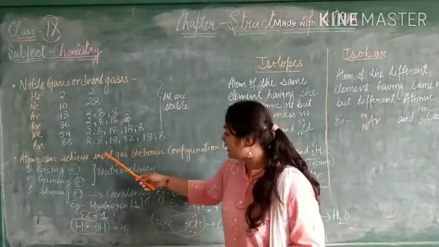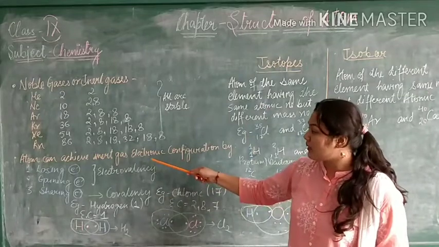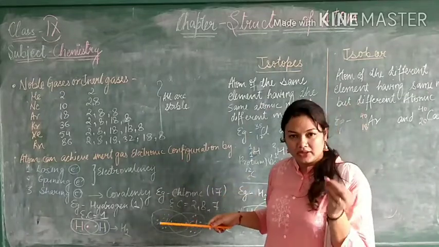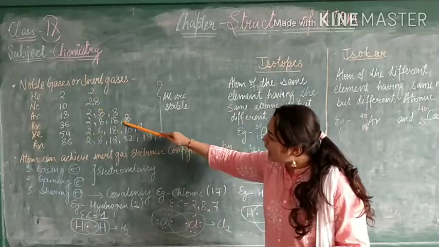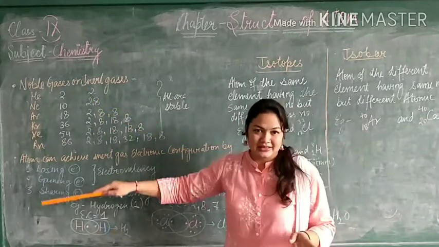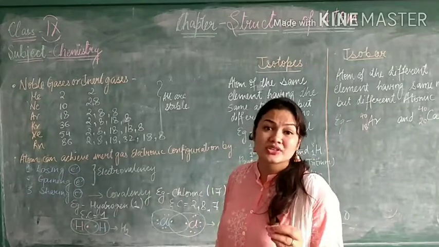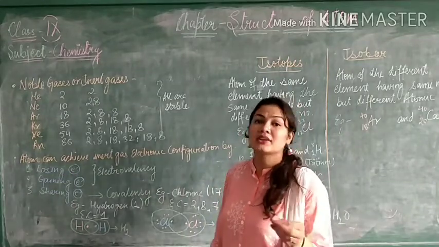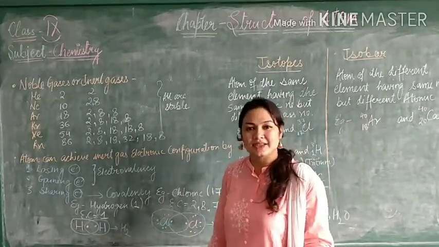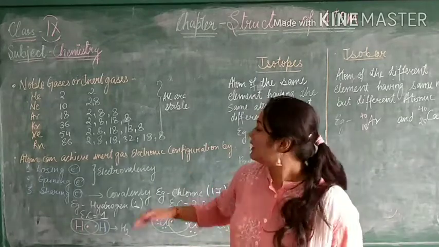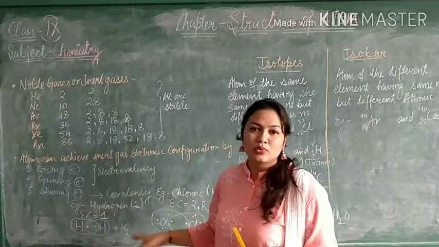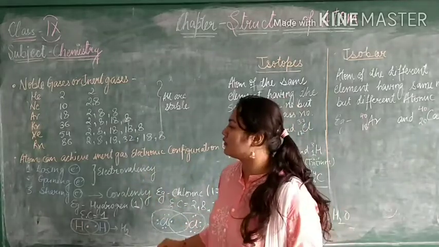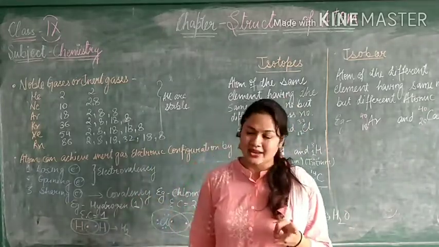In the same way, every element in the periodic table wants to achieve an outermost shell of 8 electrons. Then only will it be considered stable, and they want to be stable. So to achieve that outermost shell electronic configuration, 3 things can happen.